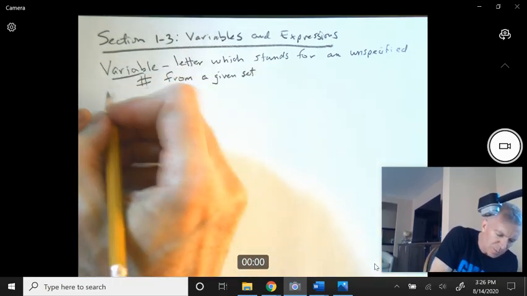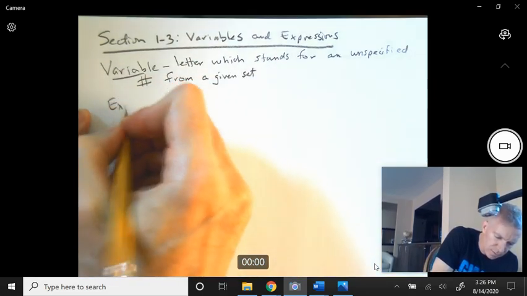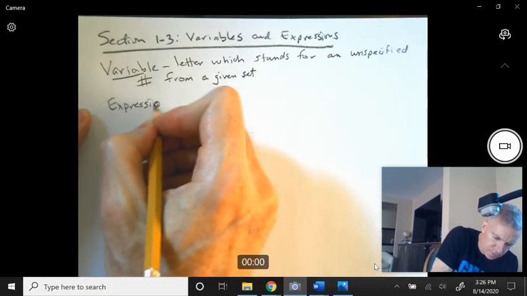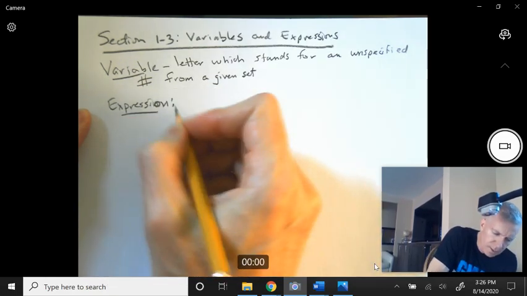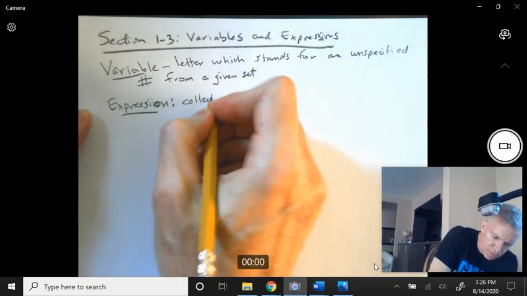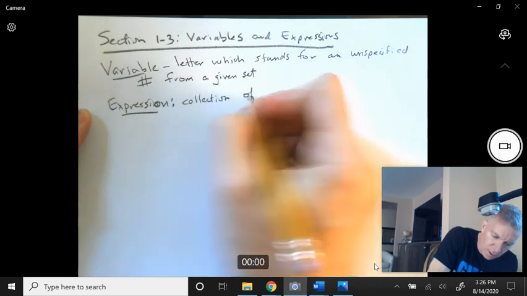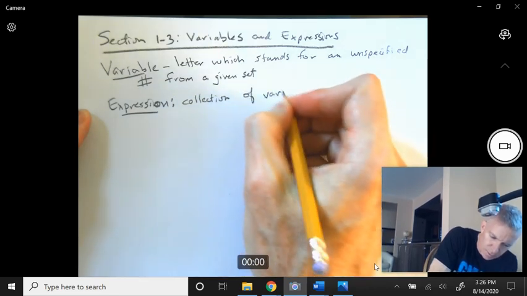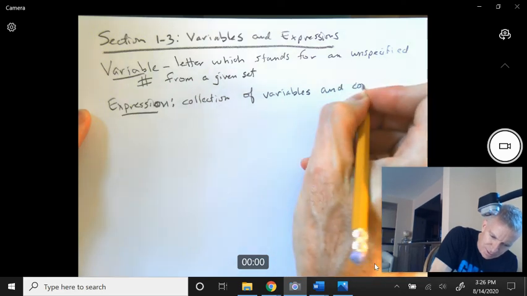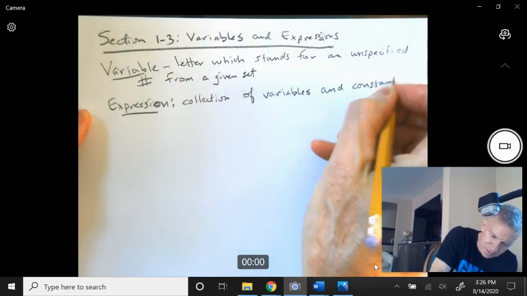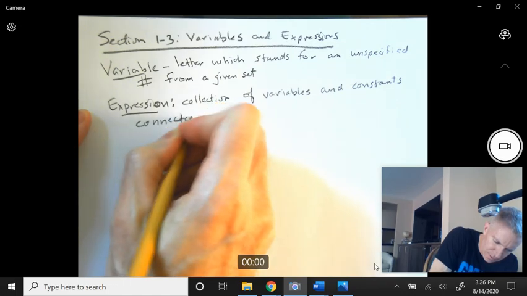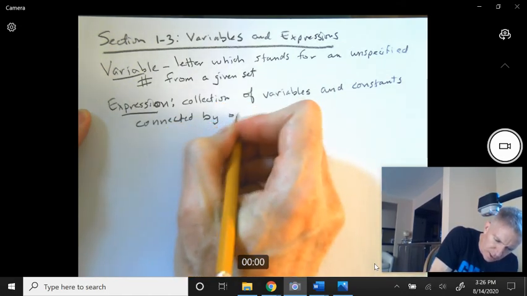Okay. Now an expression is a collection of variables and constants connected by operation signs.